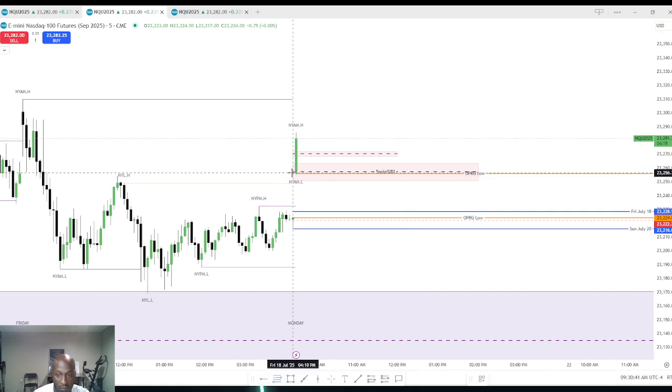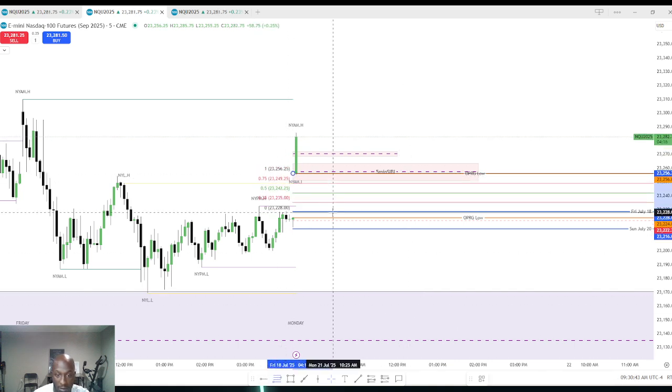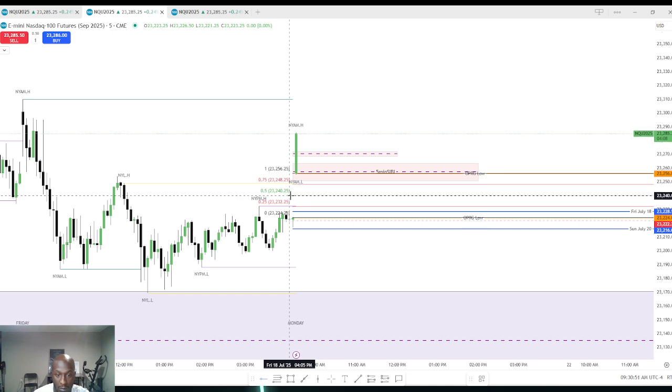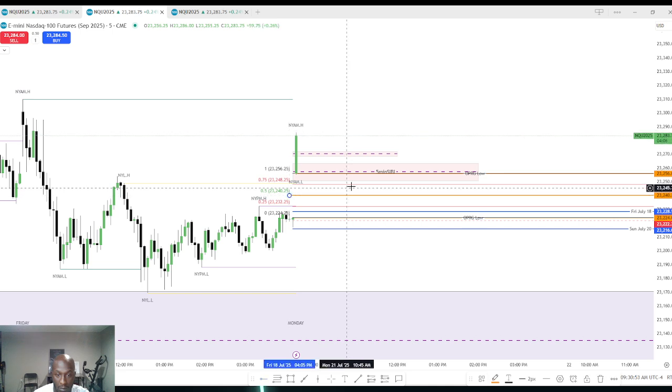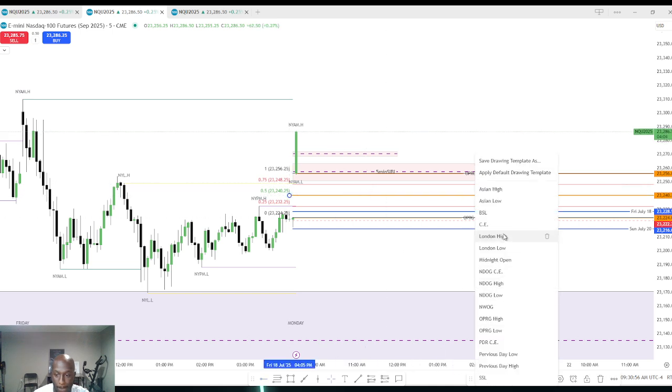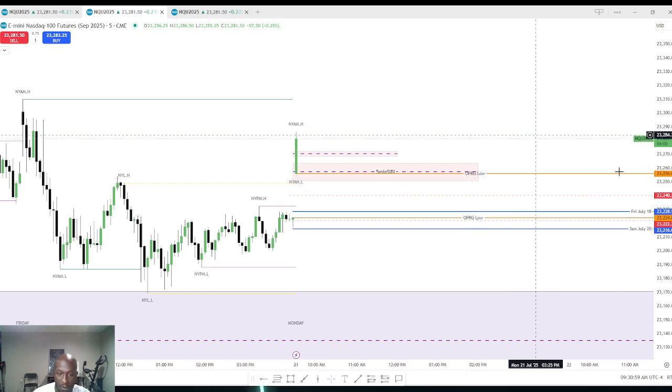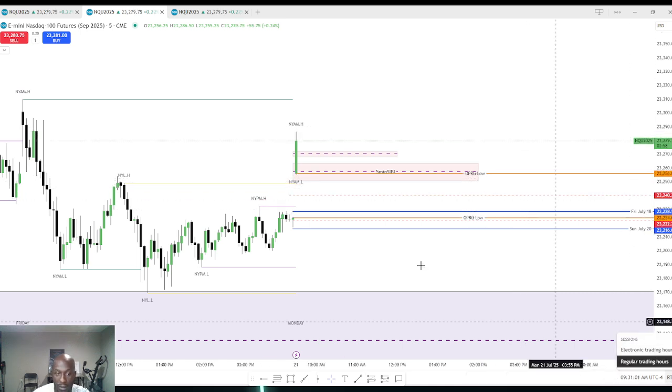And we're going to draw a fib to find consequent encroachment. And we'll go back to regular trading.